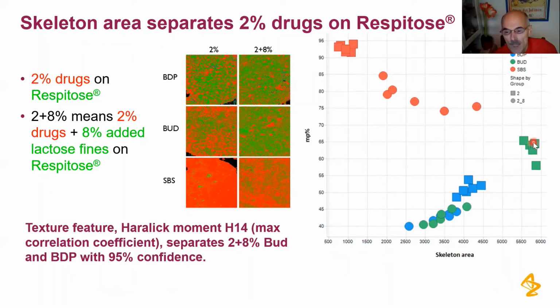we see in this so-called skeleton area that we separate these three. The skeleton area is just a way of saying how many pixels are together that are the same. So you could make a square here of pixels that were all the same intensity, and then you draw the X in that square, and the pixels that it takes to draw the X is what the skeleton area is.